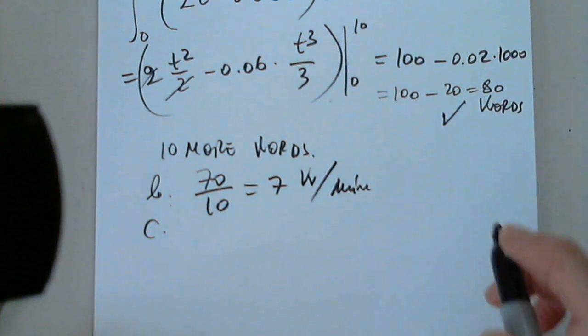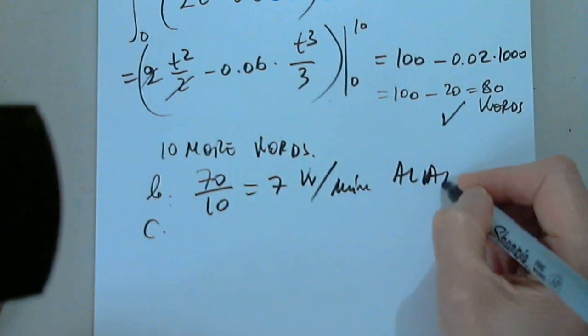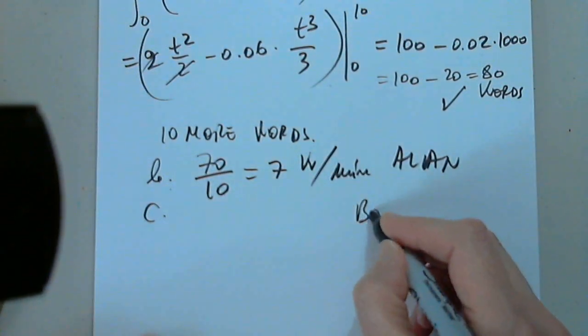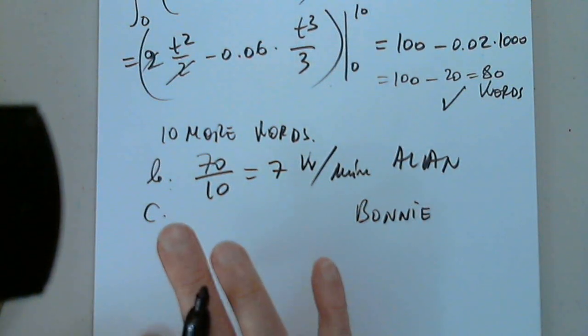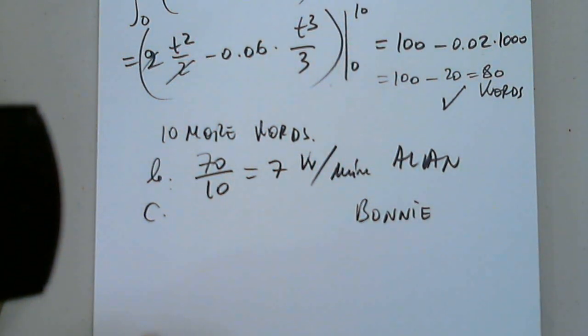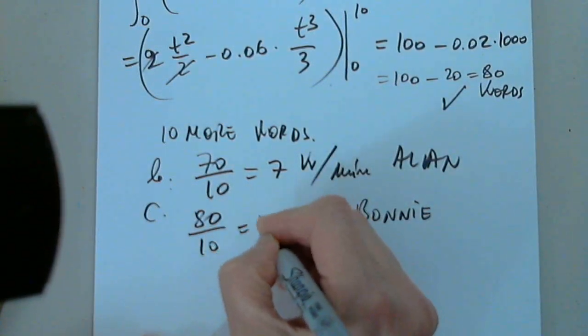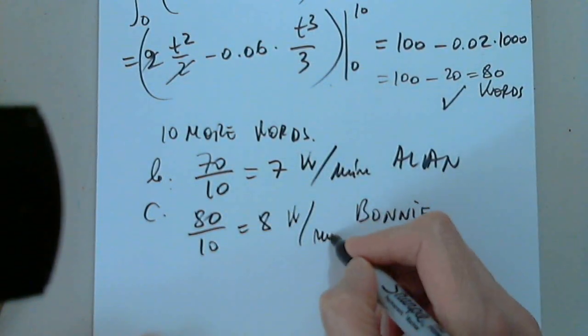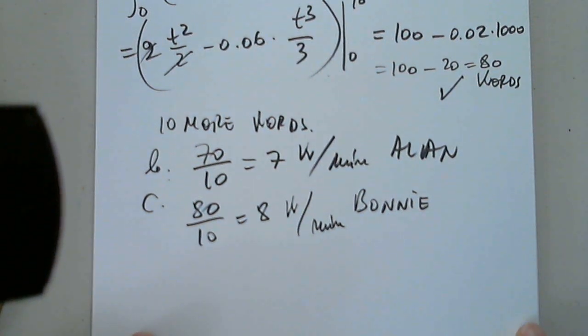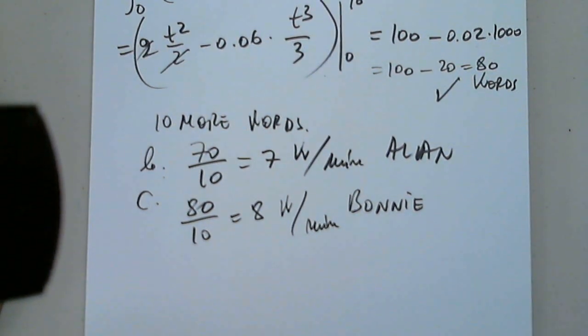This is for Alan. What about for Bonnie? How many did she memorize per minute? 8. Yes. So this is 80 over 10, which is 8, of course, words per minute. So this is how we use the formula for the average value of a function.